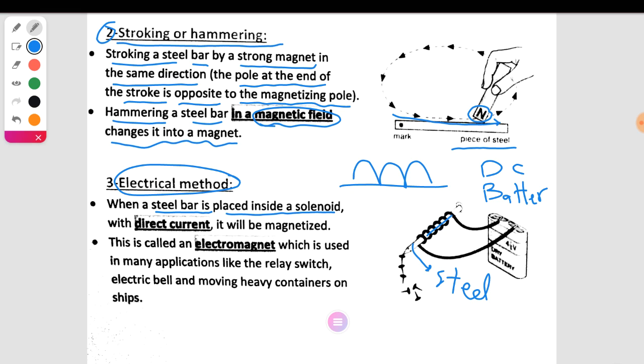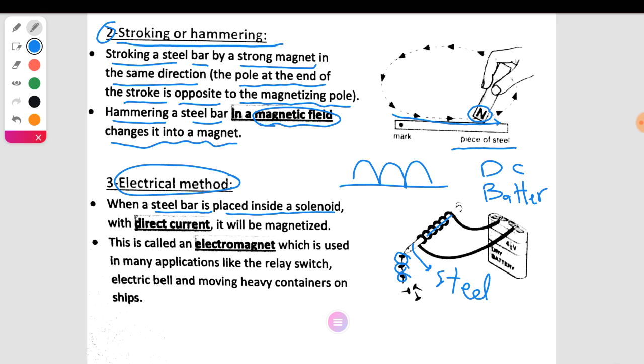So the steel concentrates the magnetic field and is converted into a magnet, with the ability to attract other needles. When we disconnect it, the needle is no longer attracted because the magnetic field decreases.